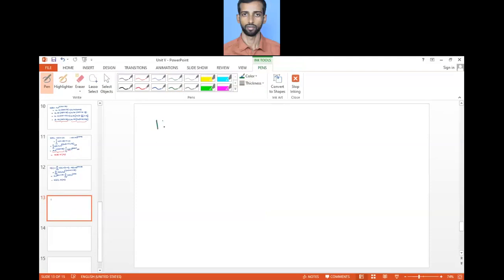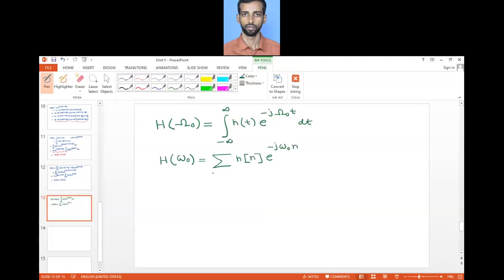This H of capital omega naught is the integral from minus to plus infinity of h of t e to the power minus j omega naught t dt, or in the discrete sense, H of omega naught is given by the summation of h of n e to the power minus j omega naught n, where n is from minus to plus infinity.